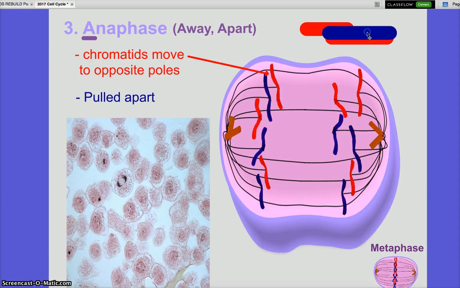The spindle's actually pulling them apart, okay? Now we call them chromatids because they're no longer two pieces, right? It's like a piece of a chromosome. Which picture is anaphase? There. Now you see it? Yeah. Okay. Good.